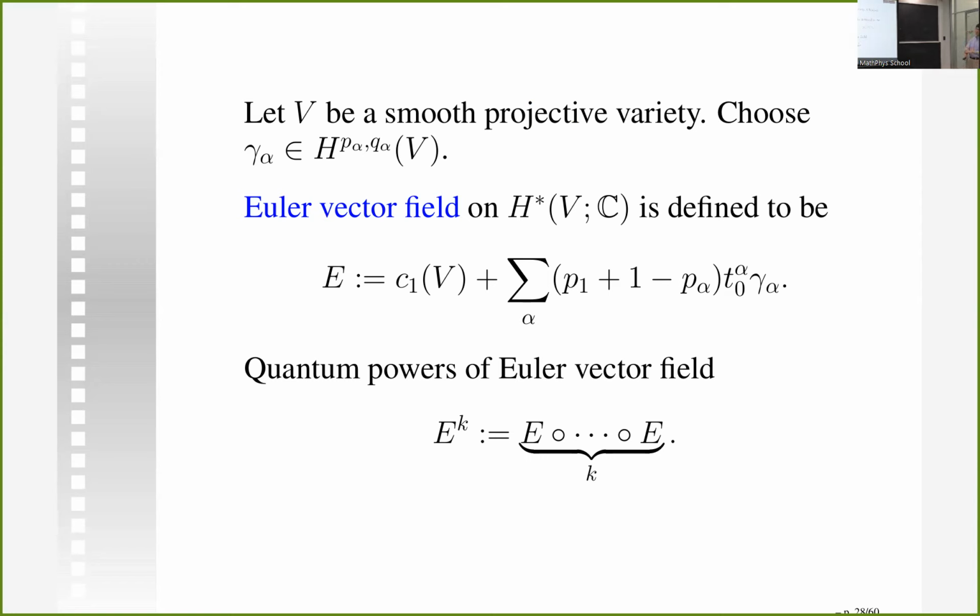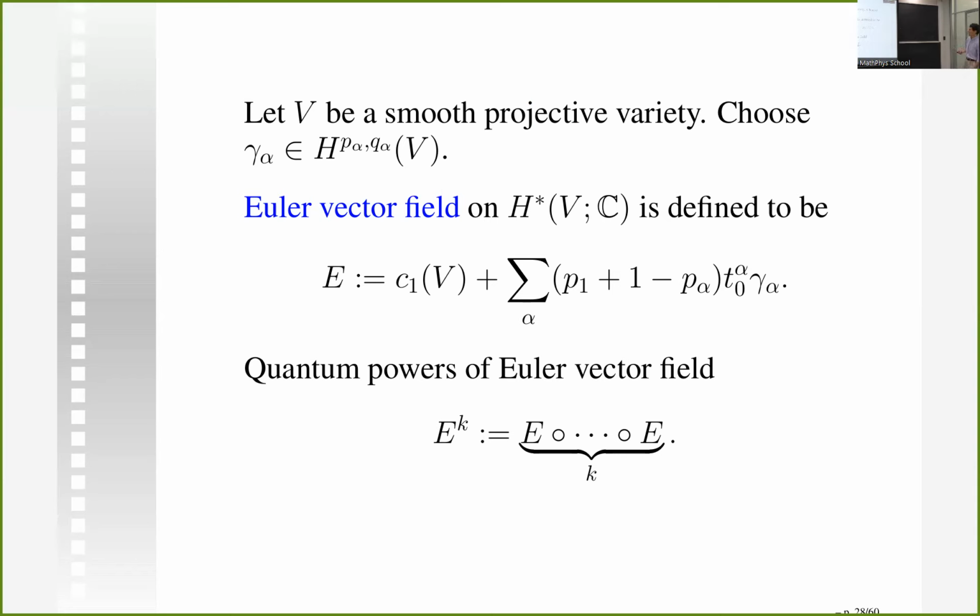To study this and take more advantage of Getzler's equation, we look at a construction of Euler vector fields. Here I assume V to be a smooth projective variety, and I take the basis vectors gamma_alpha to belong to the cohomology classes with holomorphic degree p_alpha and antiholomorphic degree q_alpha.